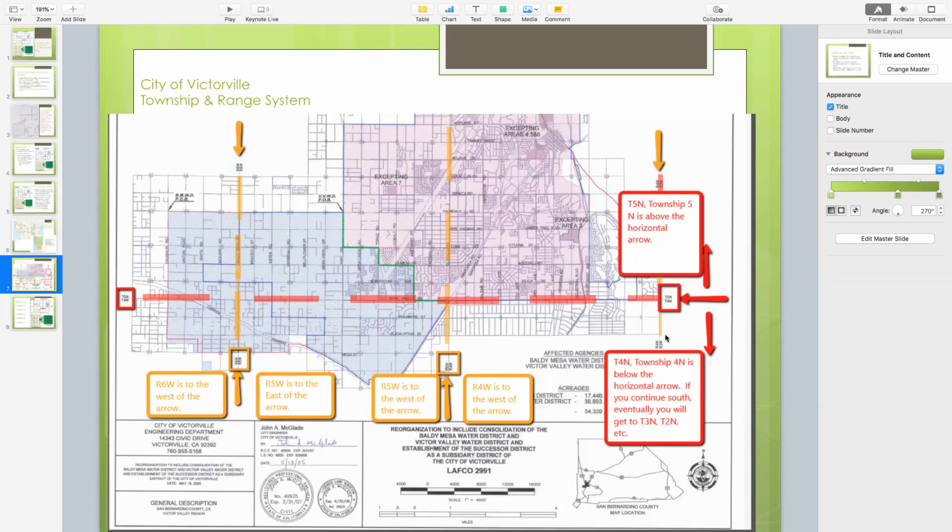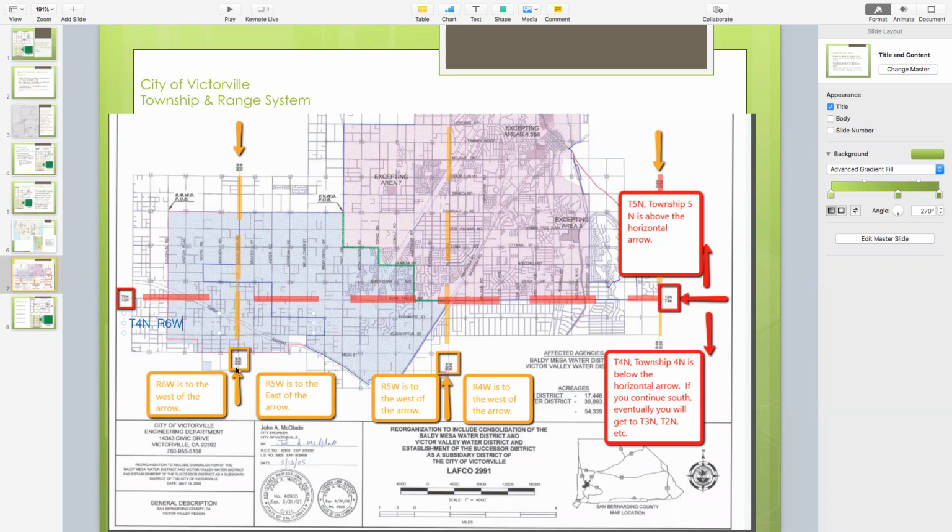So if I were to identify the township and range on this map, let's say in the southwestern corner of the map, here in this corner, we would be T4N R6W, because we are in township 4 north and range 6 west.